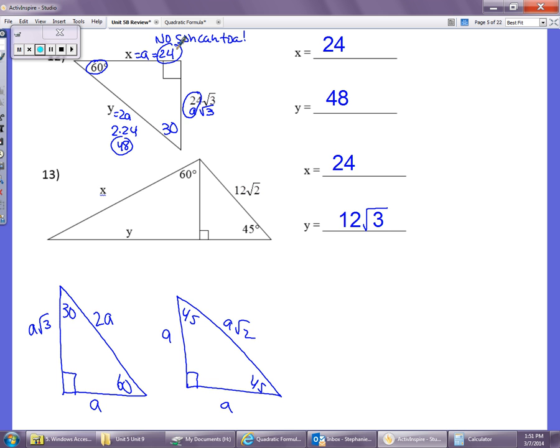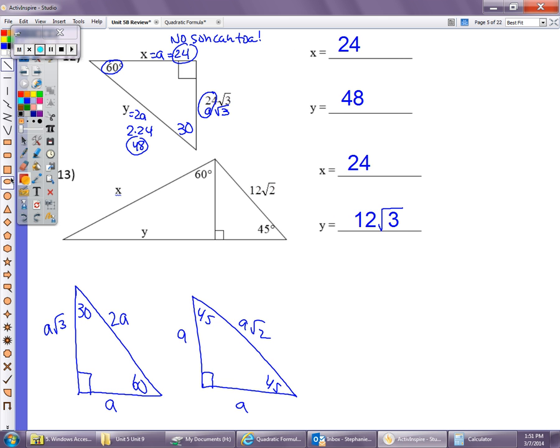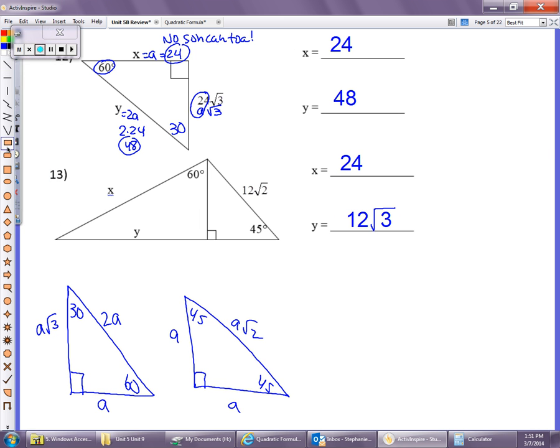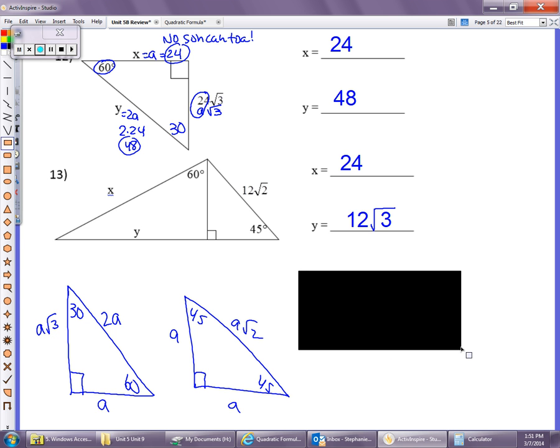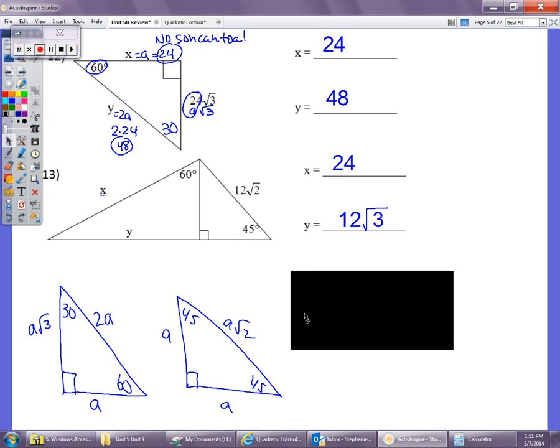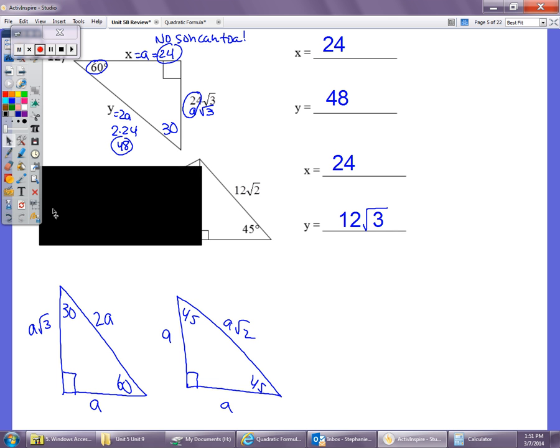Now in the next one we have two different shapes in one. So what I would suggest you do is you separate them. That way it won't confuse you. So then the first thing you'll do is work on the left-hand side. So totally ignore the right-hand side.